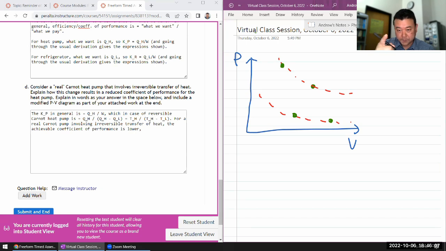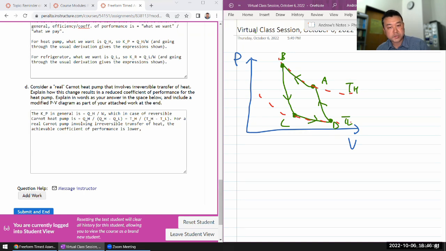So for a heat pump, you would, let's say, start from here, go through isothermal contraction, with the outside doing work on the system, and then it'll undergo adiabatic expansion, and then isothermal expansion, and then adiabatic compression, bringing it back to the original point. So your thermal reservoir temperatures are the same as your engine temperatures.